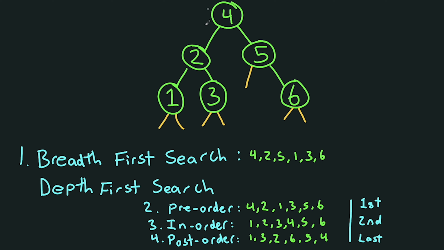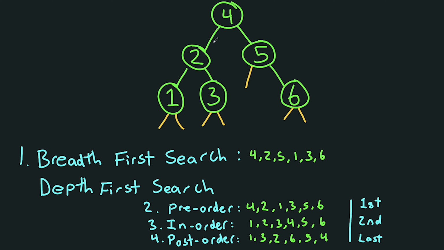So instead of going level by level like we did with breadth first search, with depth first search, we're going to go down all the way and basically wrap this entire tree, just like this. Okay? And we're going to continue on the whole tree. You could start on the right side, but conventionally speaking, traditionally, you start on the left side and you traverse all the way until you're coming up the right side.